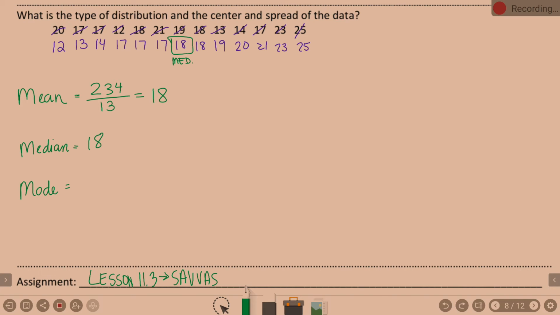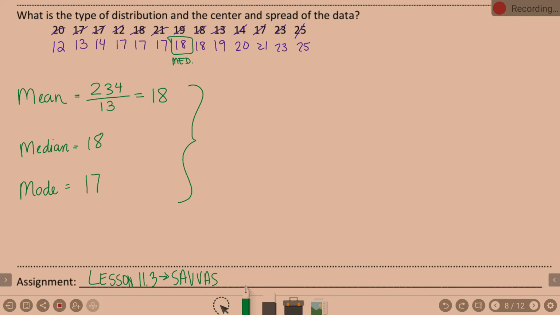What about mode? 17 because? Yeah, it occurs the most. So what are your thoughts about this data? Normal distribution because mean and median are identical. Mode is very close. Remember, to me, mean and median are the ones that really determine the direction you're going.